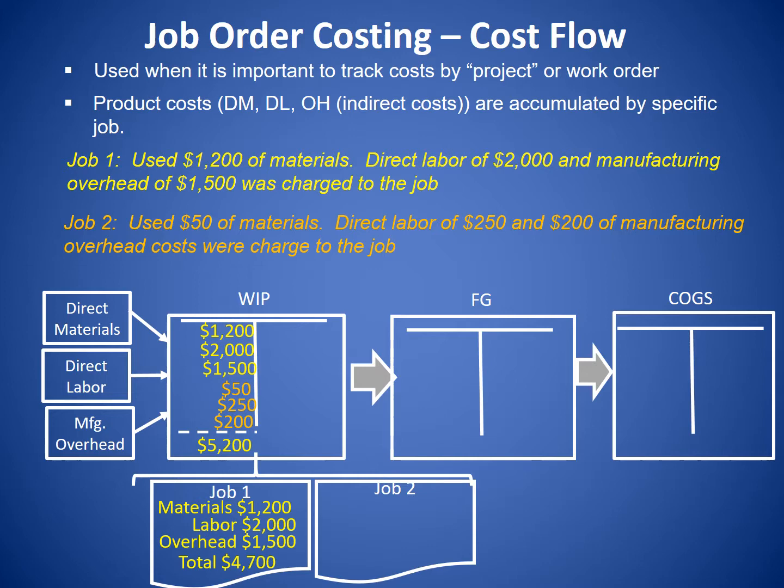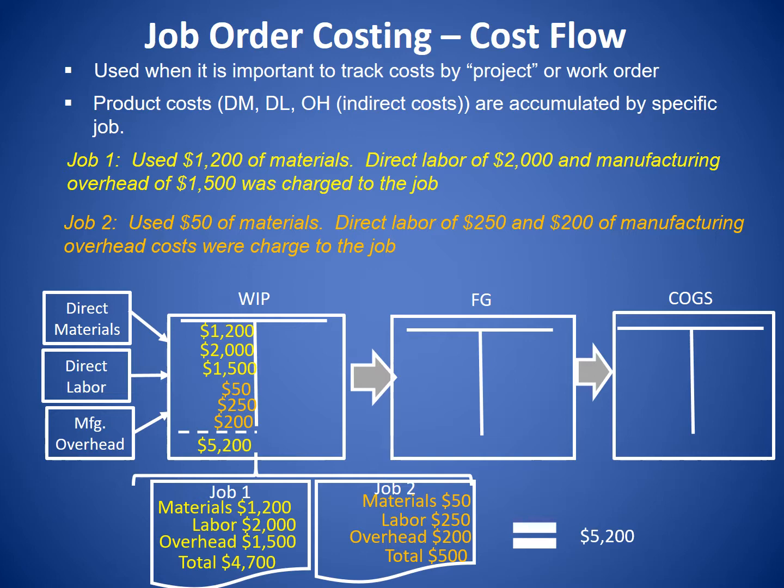Now, if we total up our work in process at this point in time, it's $5,200. Now, with that in mind, we also have to post the individual details to job number two. That includes materials of $50, labor of $250, and overhead of $200 for a total of $500.